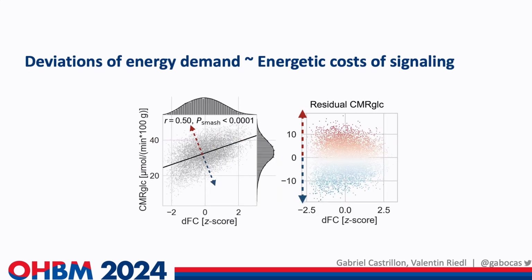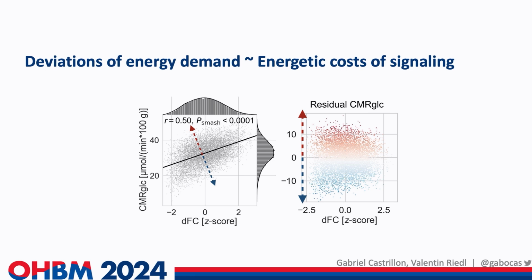Now, if the degree of functional connectivity is actually regressed out of the CMR glucose, they observed that some voxels had higher or lower values than predicted by the model, indicating that some regions in the brain deviate concerning this energetic demand. What you see on the left is in one subject, what you see on the right is across all subjects, so this relationship was seen in all subjects.